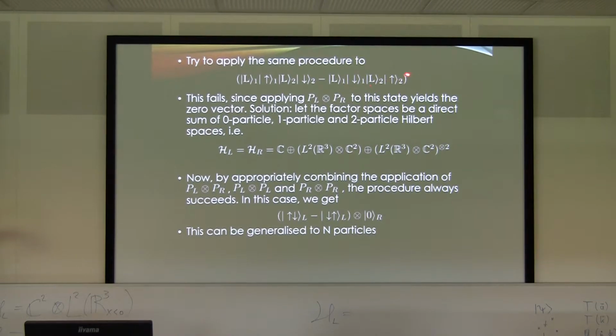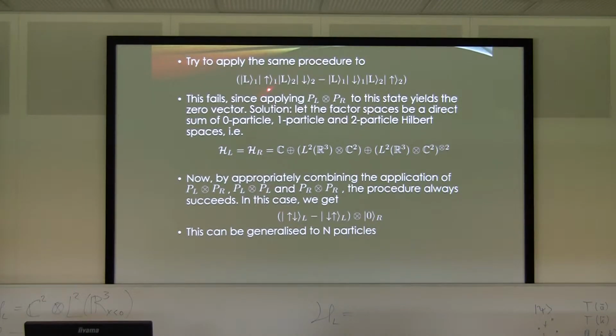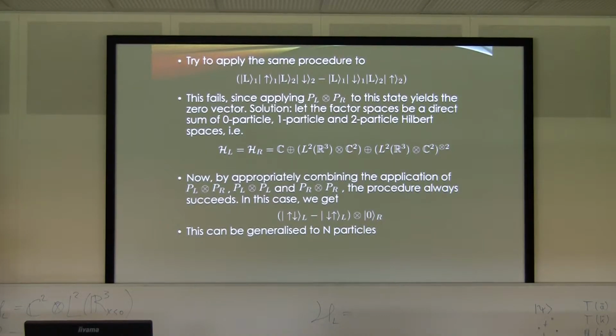Actually, this is about the same as the helium atom state. So you can interpret this as having two particles with the same spatial properties, one with spin up, one with spin down. If we now apply this projector to BL, BR, we fail because applying it will annihilate the state with a zero factor.